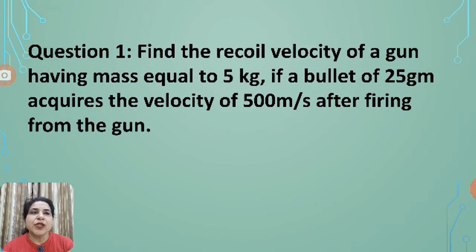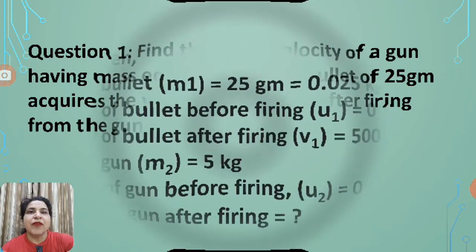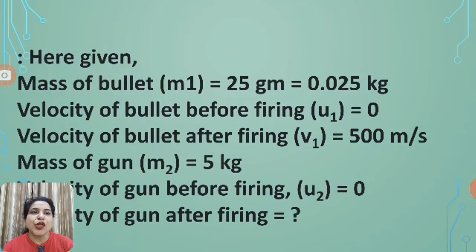So here is one numerical. Find the recoiling velocity of a gun having a mass of 5 kg if a bullet of 25 gram acquired a velocity of 500 meter per second after firing from the gun. So here the values are given. Mass of bullet is 25 gram, converted into SI unit, that is 0.25 kg.